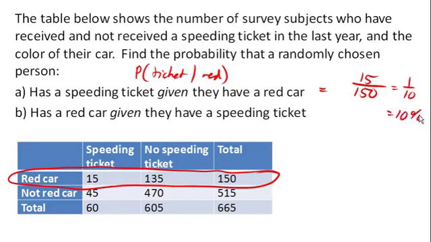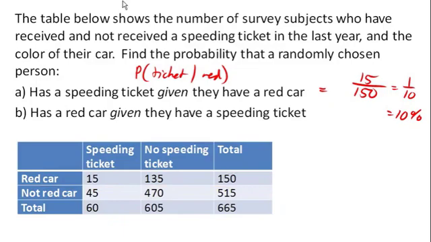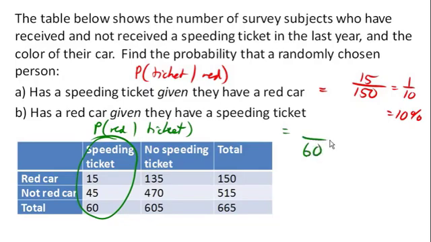Now, a different question is, what's the probability that they have a red car given that they have a ticket? This is not the same thing, because now we're limiting ourselves to these 60 people. We have 60 people total who got a speeding ticket. How many of them had a red car? 15 of them had a red car.